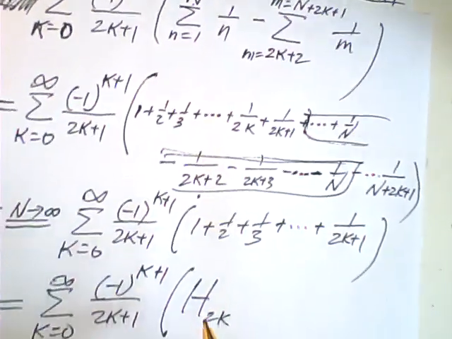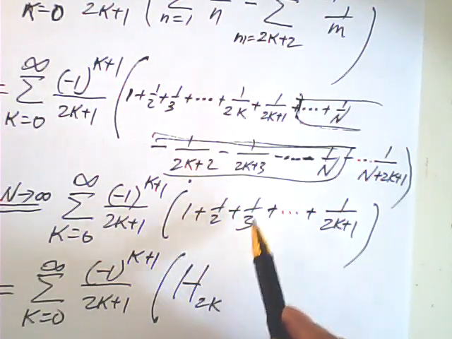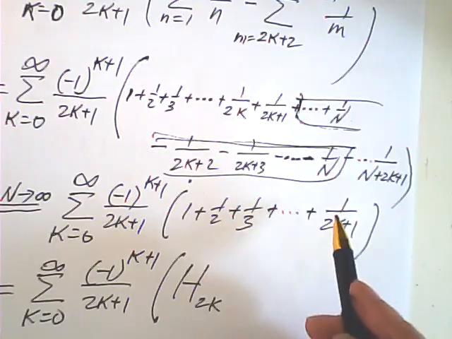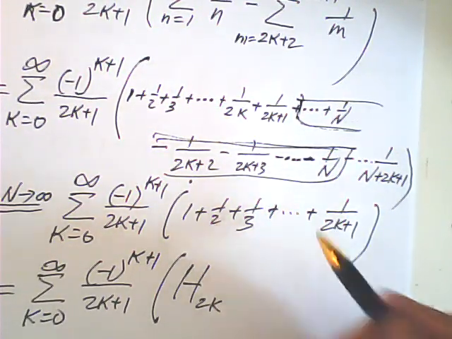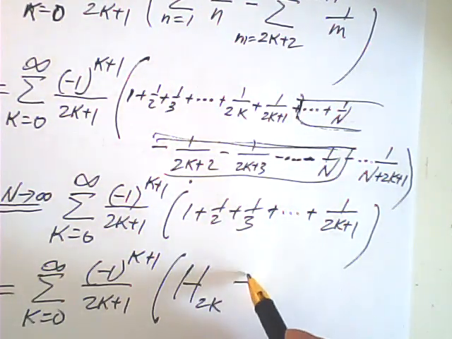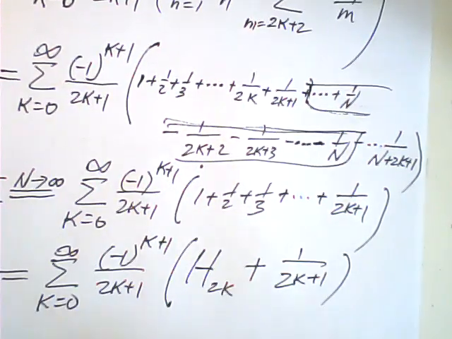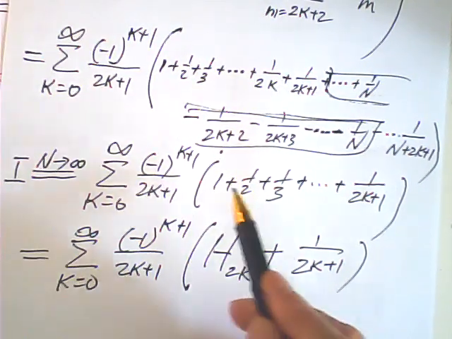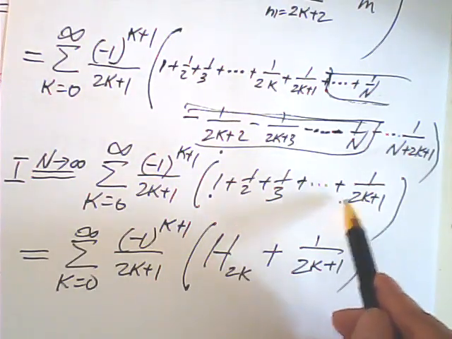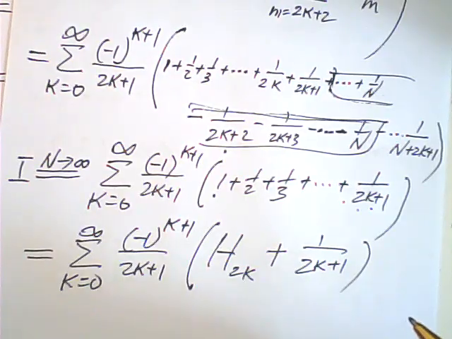H is a harmonic number. A harmonic number is 1, 1 over 2, 1 over 3, until 1 over 2k. The term before this one is 1 over 2k, plus 1 over 2k plus 1. From this to that one before this one is H_2k, harmonic numbers.